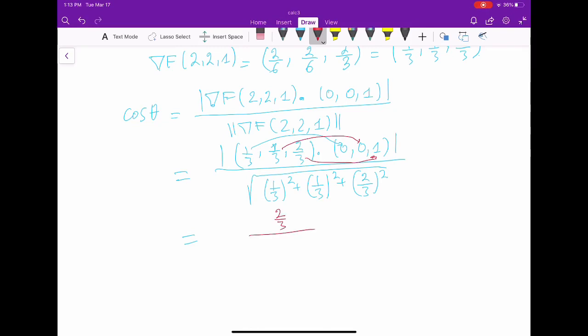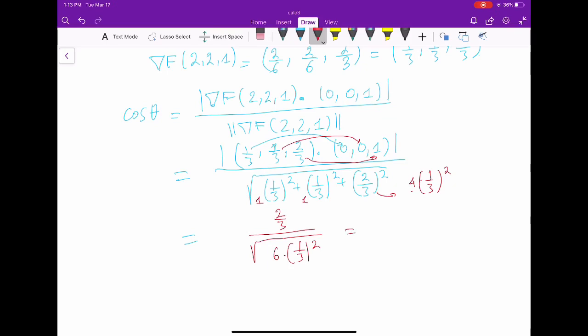In the bottom, you have the square root of 1/3 squared, another 1/3 squared, and another 2/3 squared, which is 4 times 1/3 squared. So basically we have 1, 1, and 4, which means we have 6 times 1/3 squared in here. Make sense?